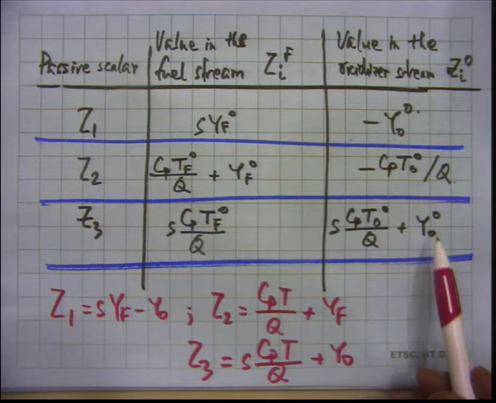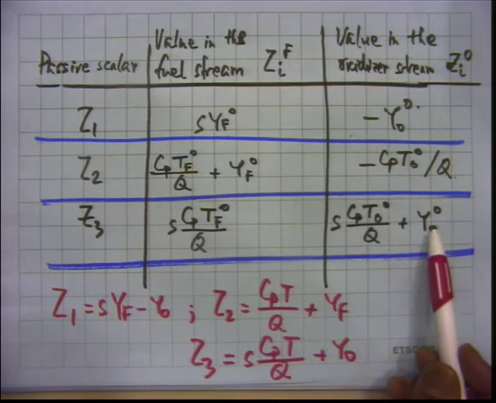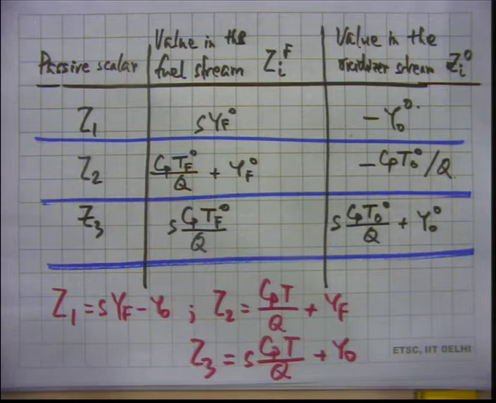Then YO becomes YO0 in the oxidizer stream, right. So, you can check this out, this should be all right. What about Z2 in the oxidizer stream? Z2 in the oxidizer stream will not have YF, because YF is 0.